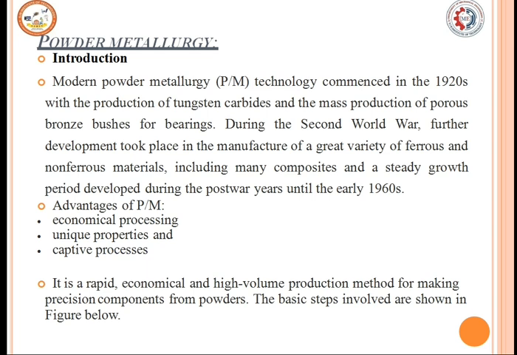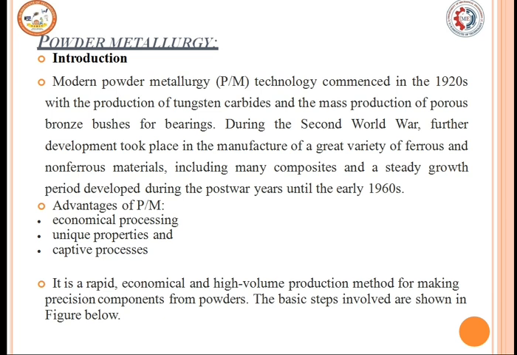Powder metallurgy technology has been used from 1920 with the production of tungsten carbides and mass production of porous bronze bushes for bearings. During the Second World War, further development took place in the manufacture of a great variety of ferrous and non-ferrous materials, including many composites, and a steady growth period developed during post-war years until 1960.